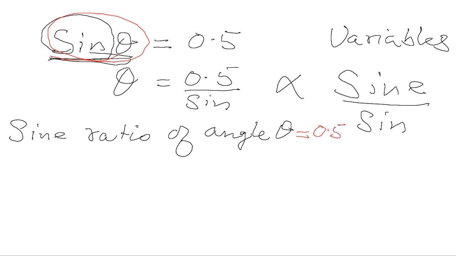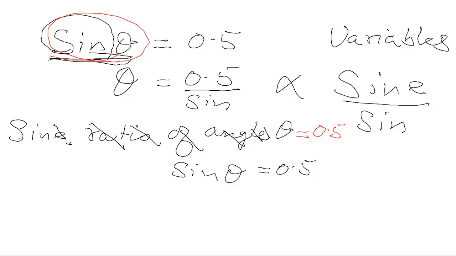Since we cannot write everything in our equation, we make it shorter. So we remove these words. Let me write sine theta equals 0.5. Now you may understand that sine is not a variable.